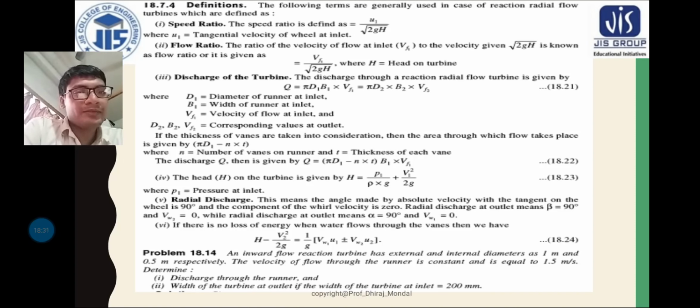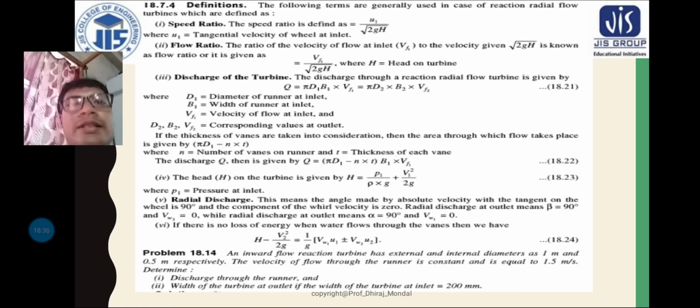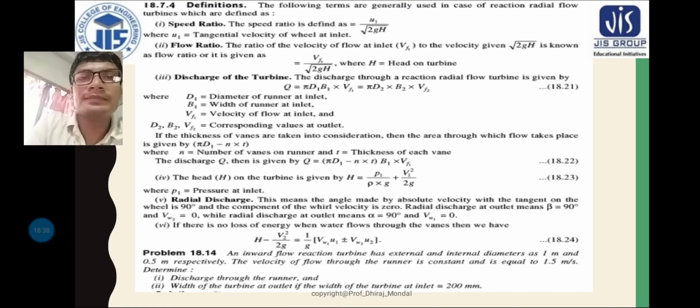So at the outlet we are getting some work done and some kinetic head. That is why this can be written as the loss of energy when the water flows through the vane.